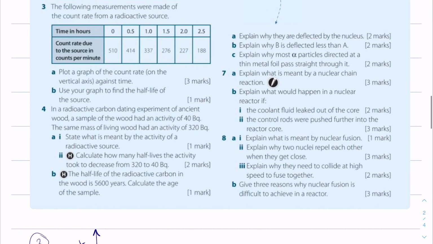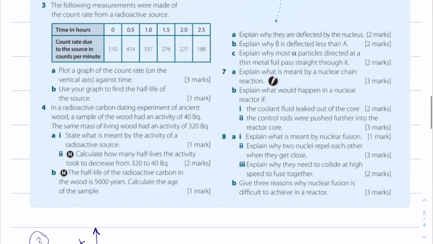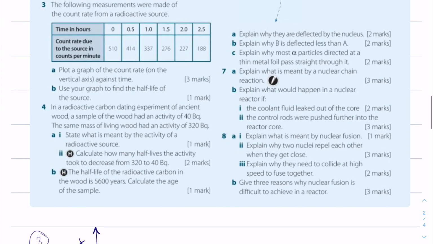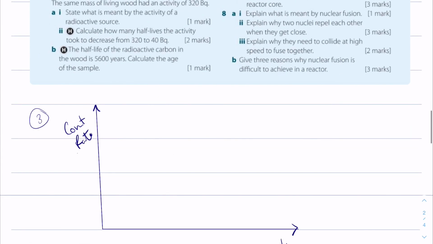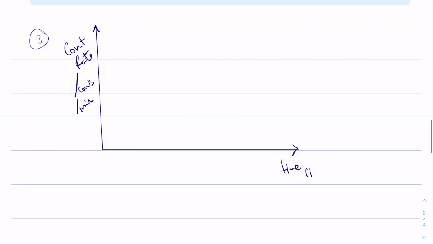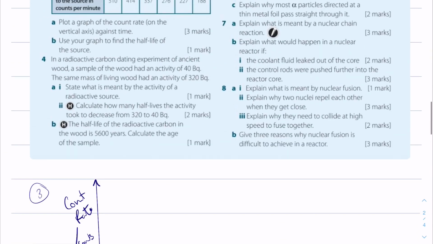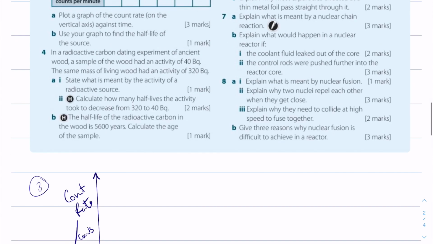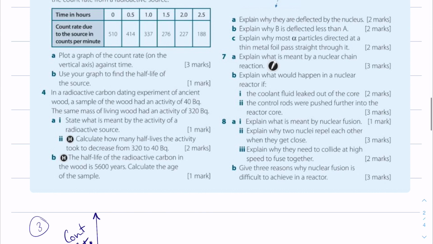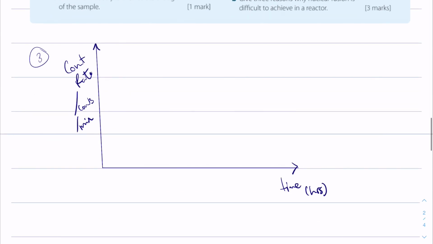Is the count rate in becquerels? Per minute. Count rate due to the source in counts per minute. Fine. And the time in hours. So we've got 0 to 2.5. Okay.